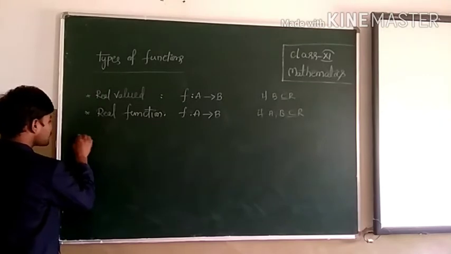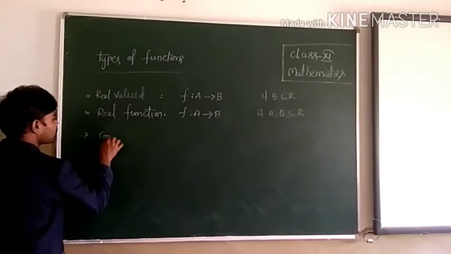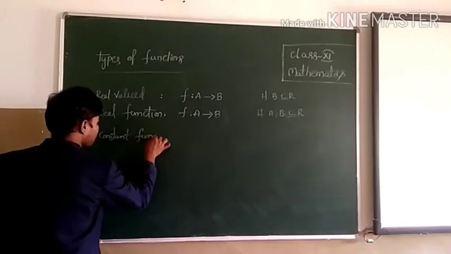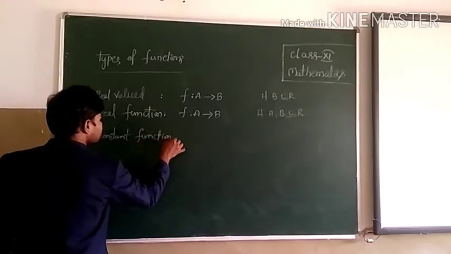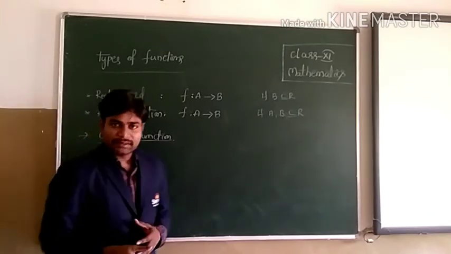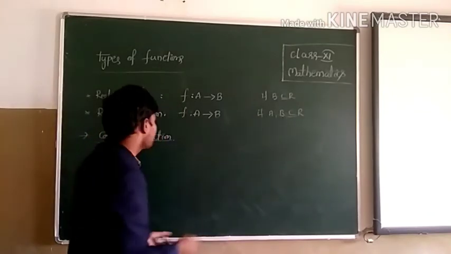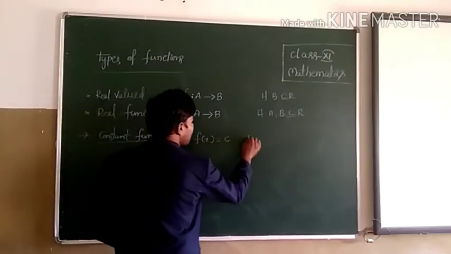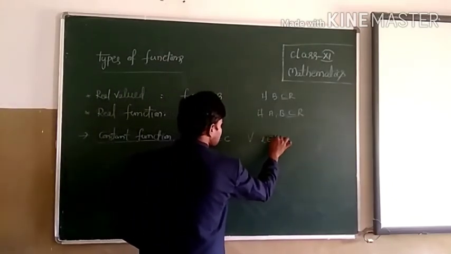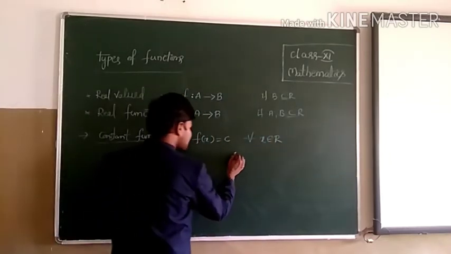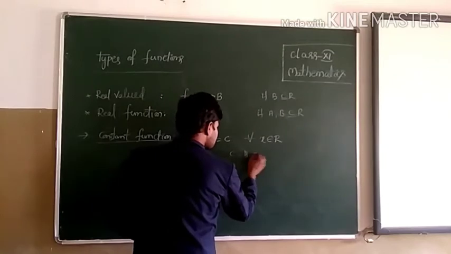The first one is the constant function. The constant function is a function defined as f of x equals c for all x belonging to R. Here c is a constant.